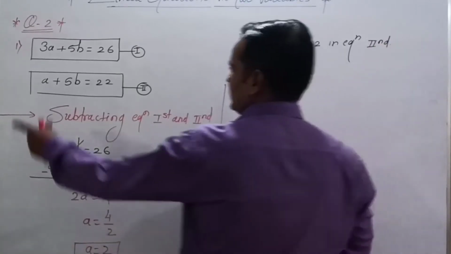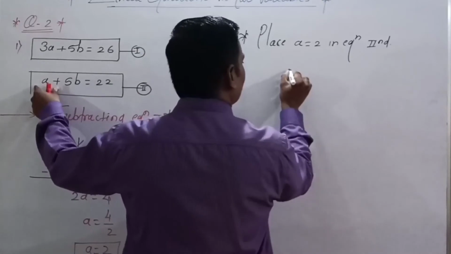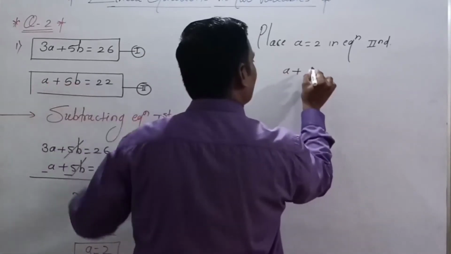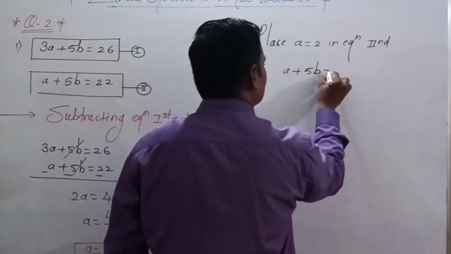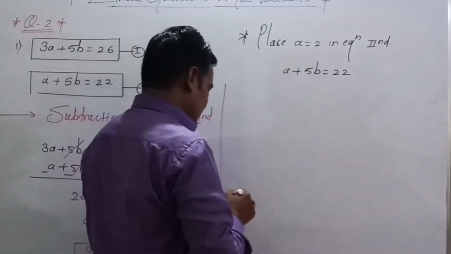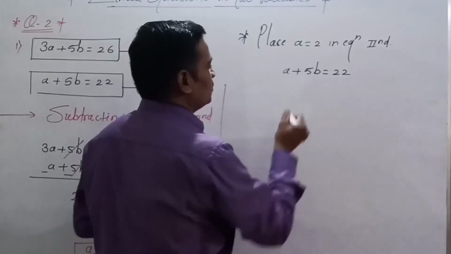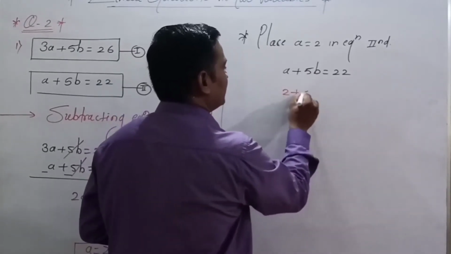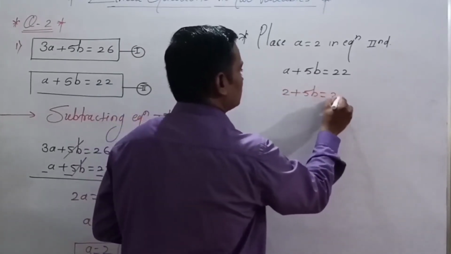Let's check that value. Write down that equation again over here: a plus 5b is equal to 22. Now the value of a is 2, so 2 plus 5b is equal to 22.